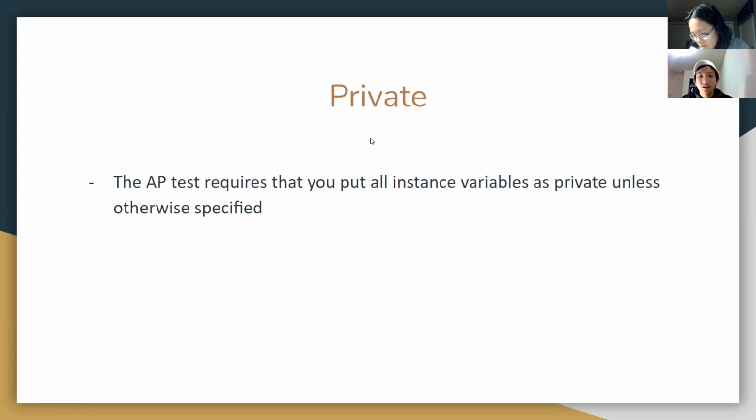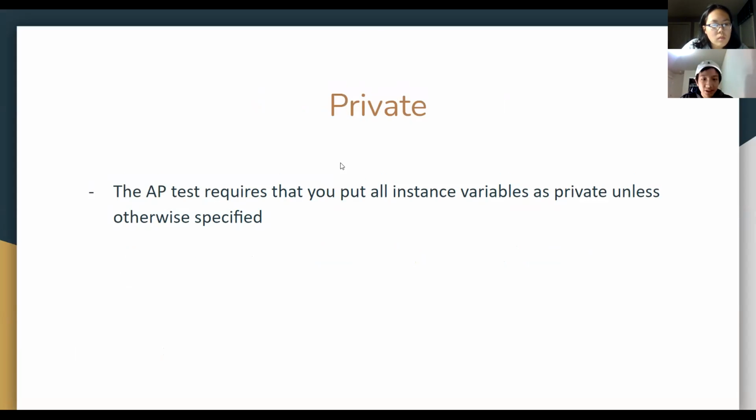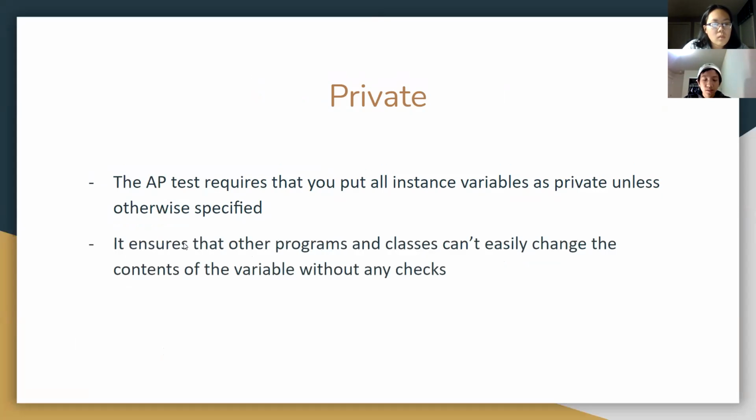Oh wait, there's one more. The AP Computer Science test requires that you put all of your instance variables as private unless the problem otherwise specifies. In addition to this main requirement for the AP test, putting instance variables as private is also just best practice and would help you prevent some naming conflicts.